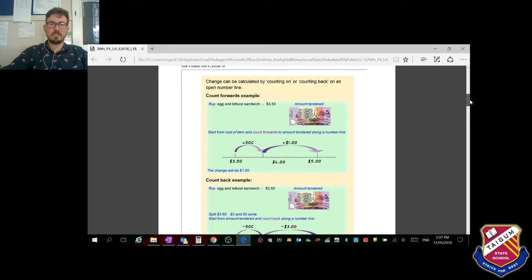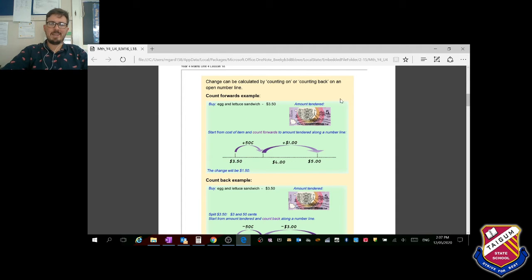So here is an example of calculating change by counting forwards, and this is actually the method I prefer the most. If you're buying an egg and lettuce sandwich, and it is $3.50, the $3.50 starts at the left-hand side.